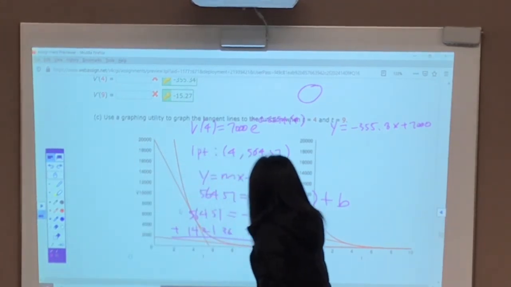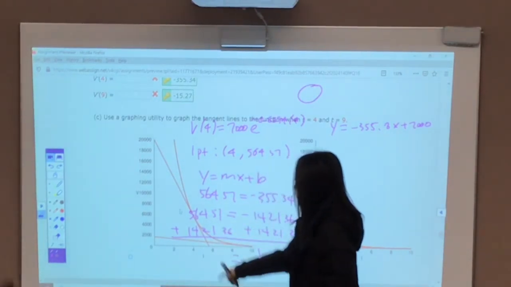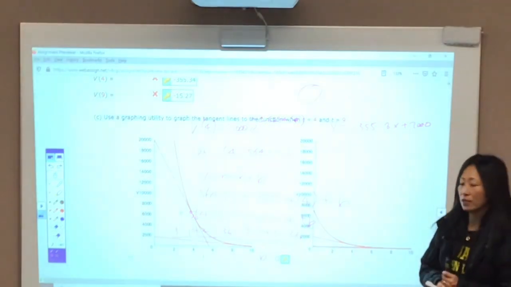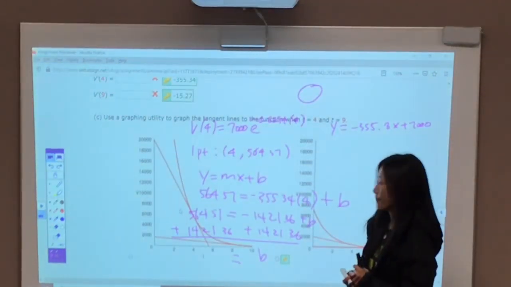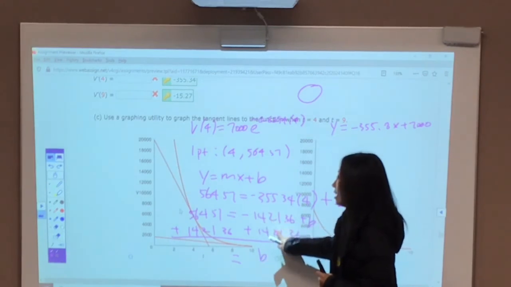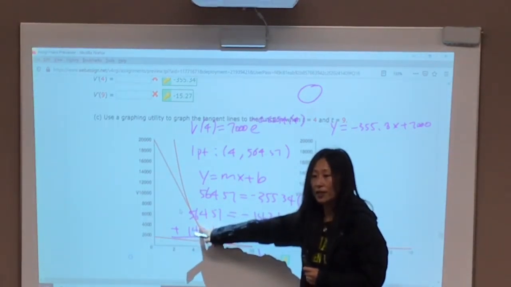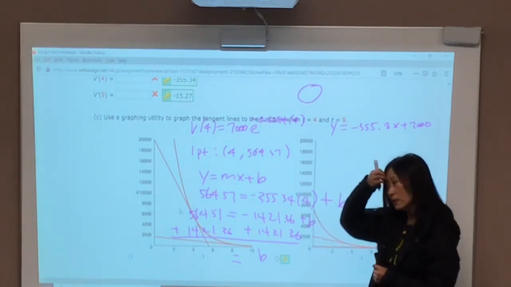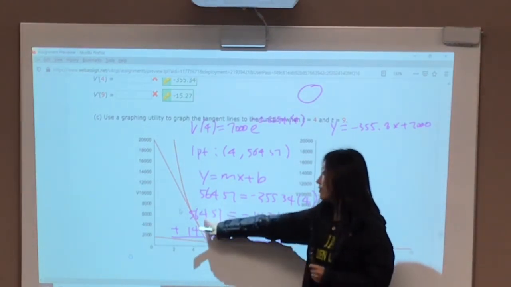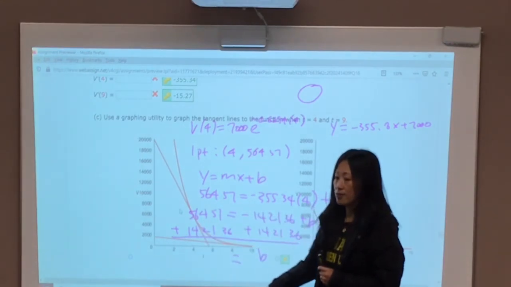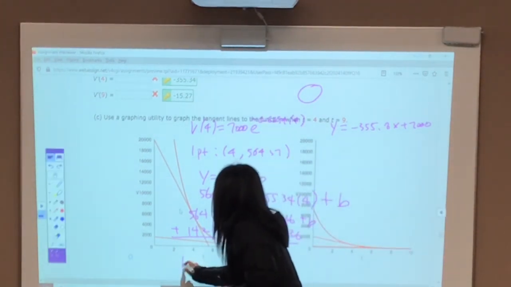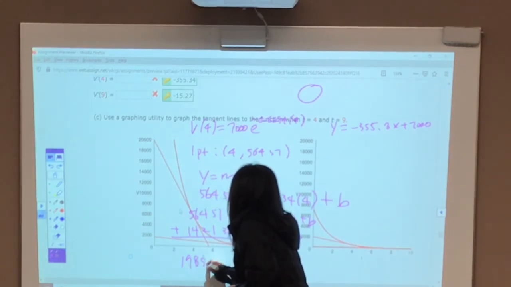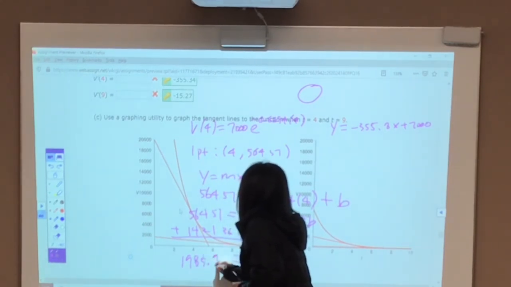So what's my b equal to? 1421.36 plus 564.57. What's that? Oh, I'm sorry, that's a negative 1421. Right, so I gotta move it to the other side, because I'm looking for b. So what's that equal to? 1421.36 plus 564.57. 1,985.93.